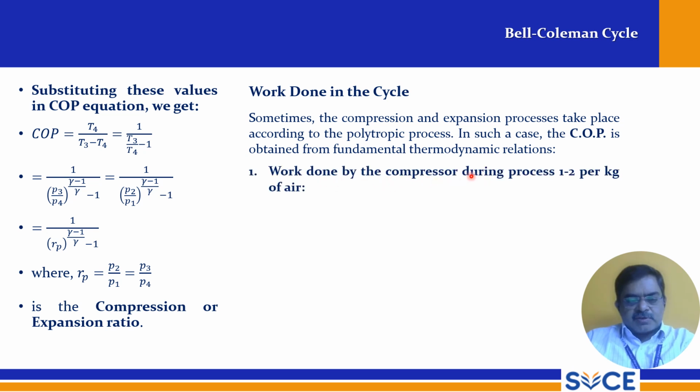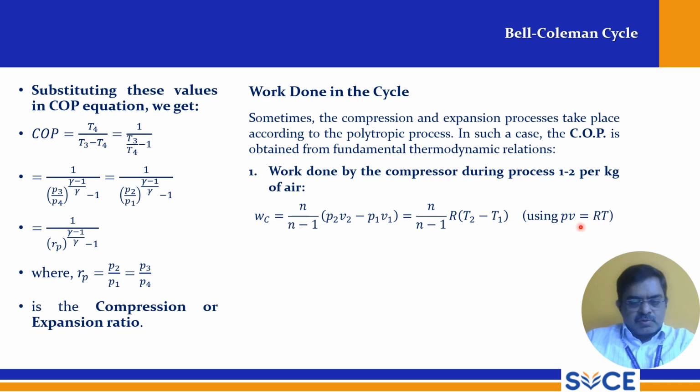So work done by the compressor during 1 to 2, per kg of air, equals n by (n minus 1) times (P2 V2 minus P1 V1), equal to, in terms of R, (T2 minus T1), since PV equals RT. So we are replacing this. It is a very fundamental equation in thermodynamics. You could have come across this equation in your thermal engineering subject.